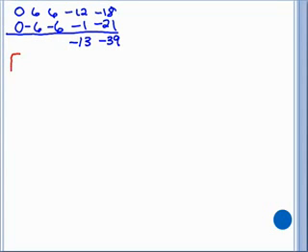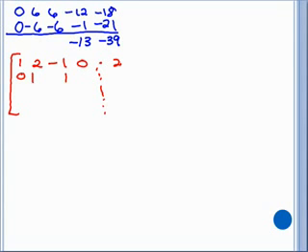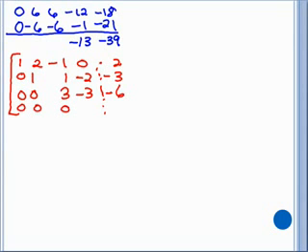Our new matrix now is going to be 1, 2, negative 1, 0, and 0, 1, 1, negative 2, negative 3, and our new fourth row is 0, 0, 0, negative 13, and negative 39.